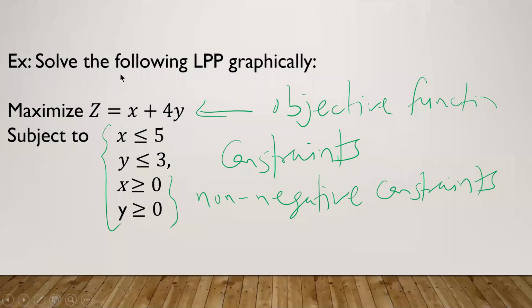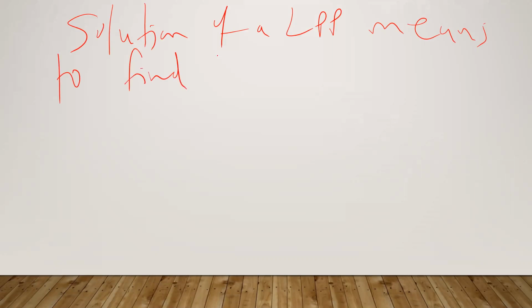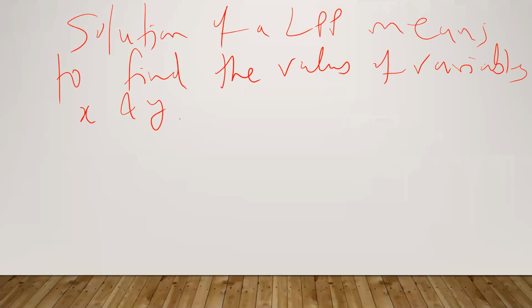Now, what is the meaning of solving a linear programming problem? What is the meaning of solution of a linear programming problem? Solution of a linear programming problem means to find the values of variables x and y, and whatever other variables you have. There are only x and y here, but there can be more than two, but in your syllabus you will have only up to 2 because you are going to use only the graphical method for solving the problem.